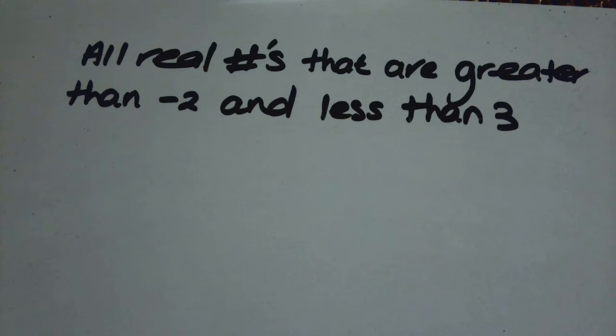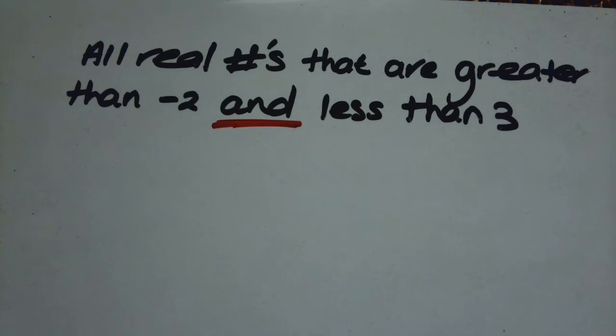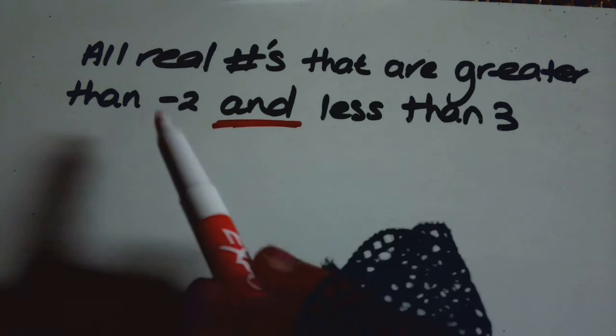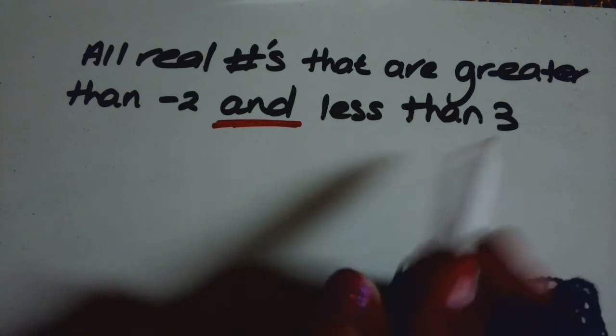So remember, this is a compound inequality, and one of the tip-offs is if it uses the word "and" or "or". So here is the word "and". As soon as I see "and", I know it's between. You might want to put that down in your notes because those things help tremendously. So all real numbers that are greater than -2 and less than 3.